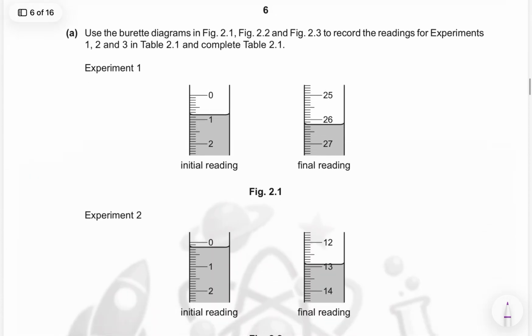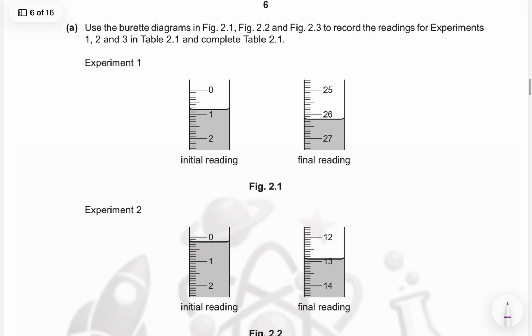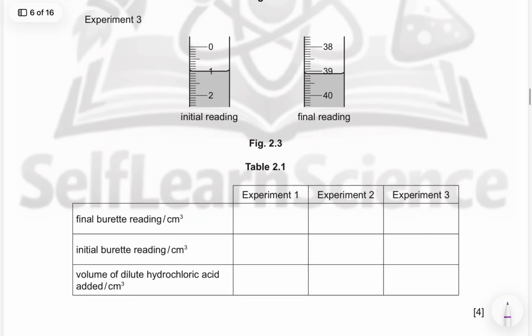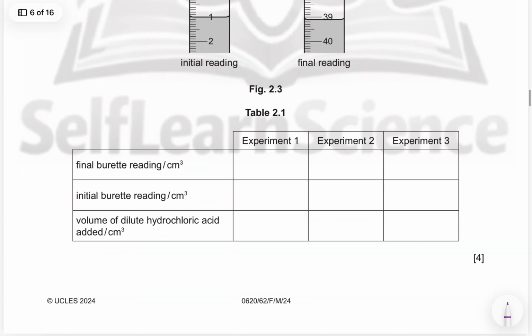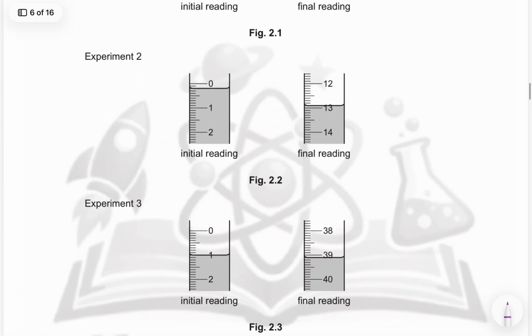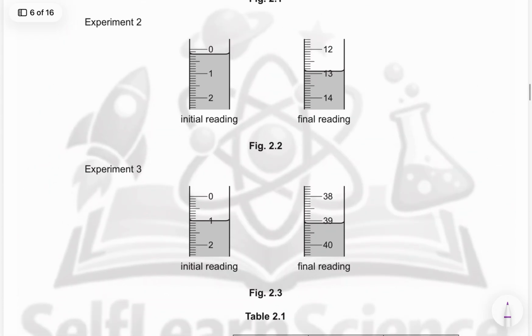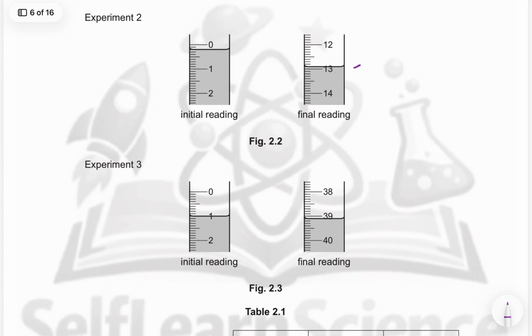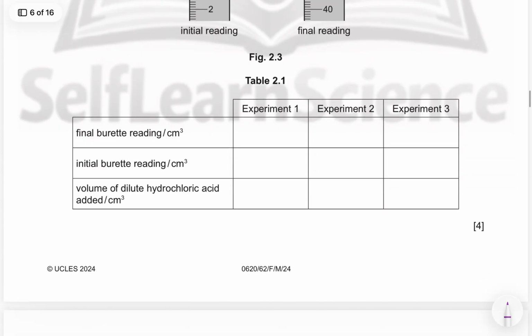Now the first question, they have given us the final and initial burette readings. We are supposed to note them down in this table. So for the first experiment, the final reading is 26.2.